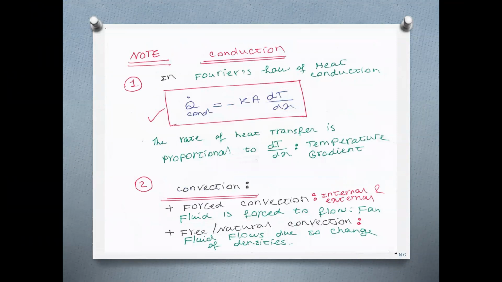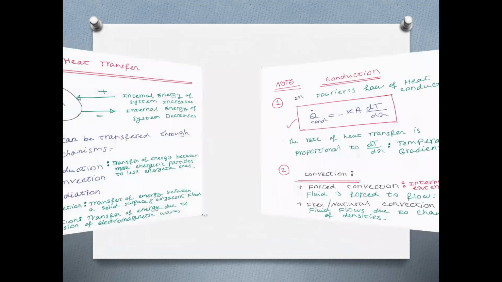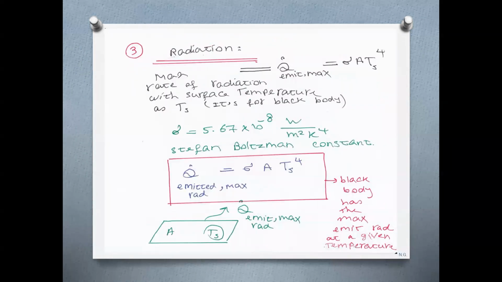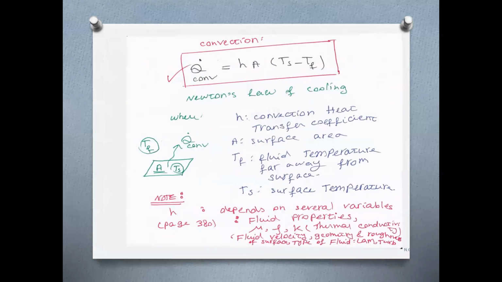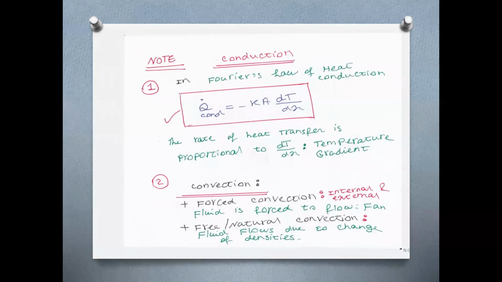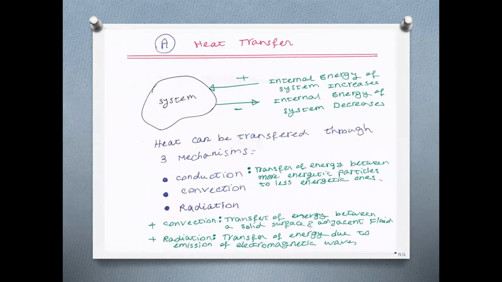Did we talk about the method of heat transfer? I don't think so. Did we talk about conduction, convection, and radiation? No, I don't think so. Okay. So we want to talk about different methods of heat transfer.